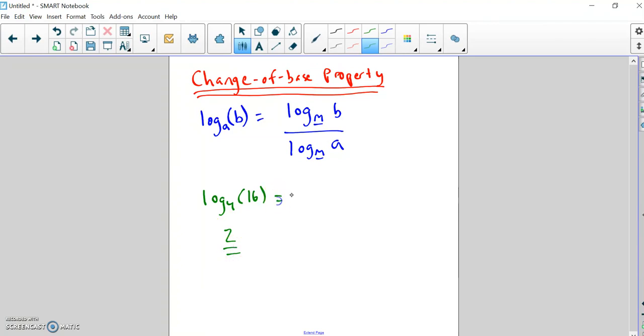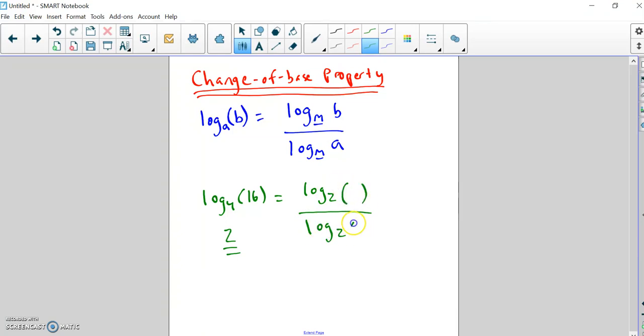Alright, we're using this property. What I can do is I can change this to having whatever common base on my logarithm that I want. I'll call that base M. Now, if I look at the number 4 and the number 16, I'm thinking that a good common base for my logarithms to use would be 2. So what I'm going to do here is I'm going to change this to being log base 2 on top and log base 2 on the bottom.